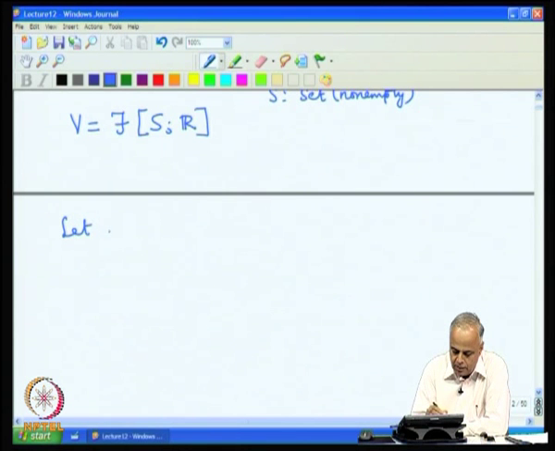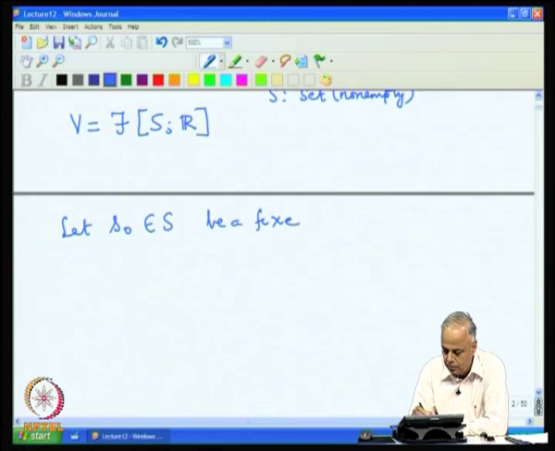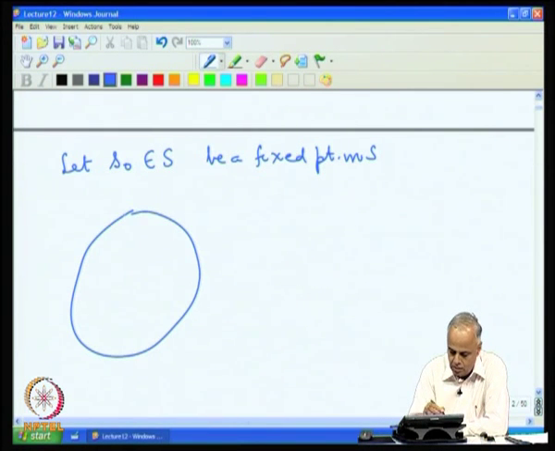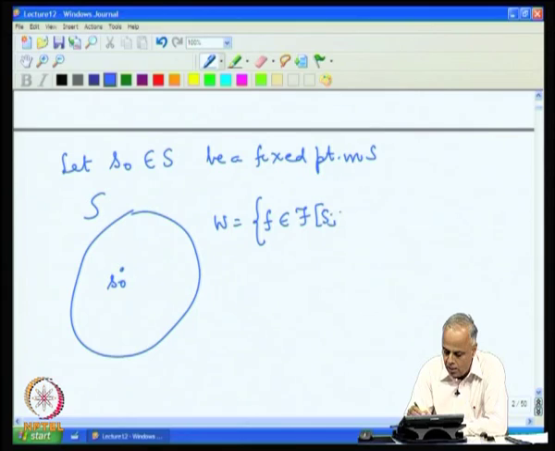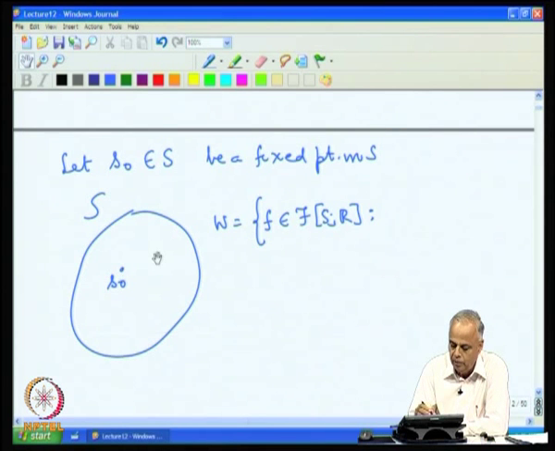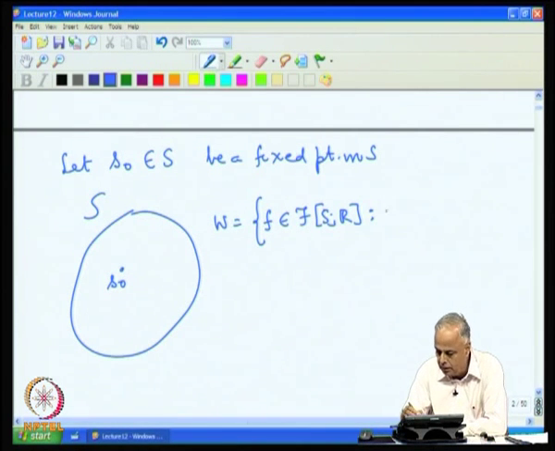Now, let S naught be a fixed point in S. Now, what we want to look at is the collection of all the functions from S to R such that at this point S naught, the value of f must be 0, that is f of S naught is equal to 0.